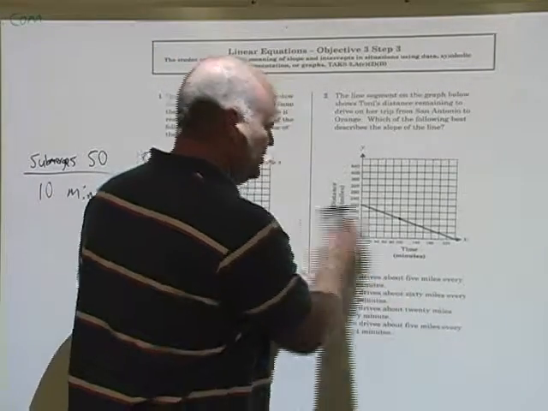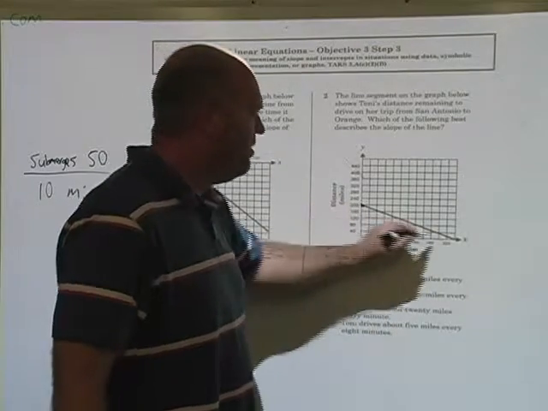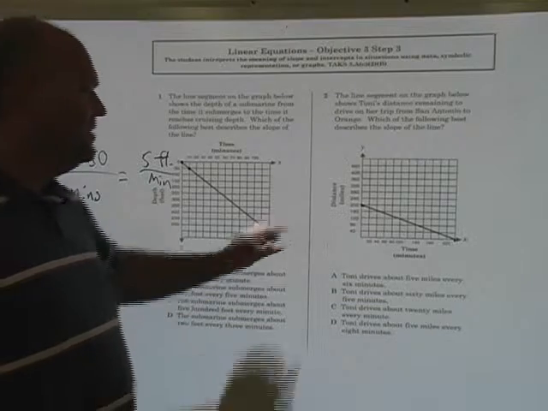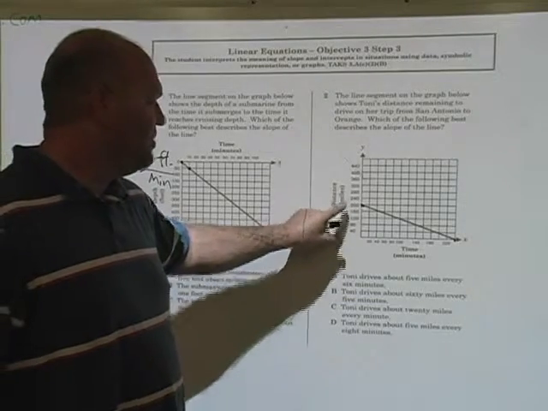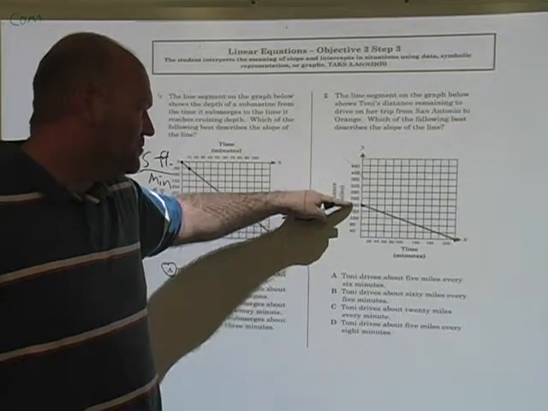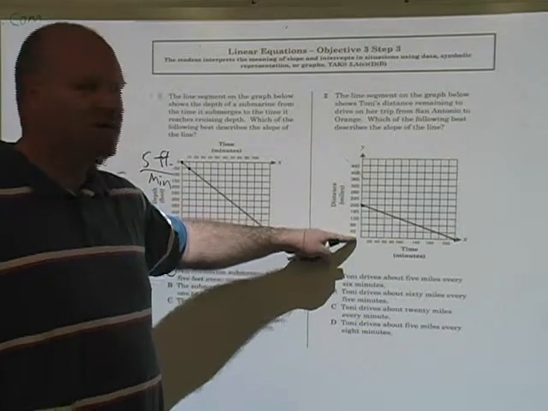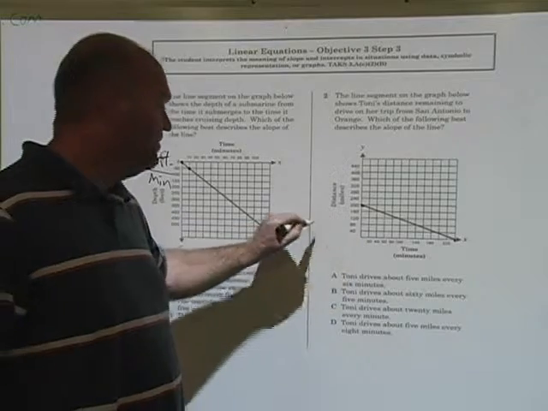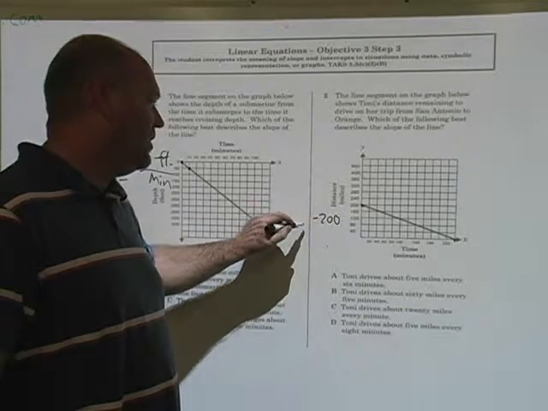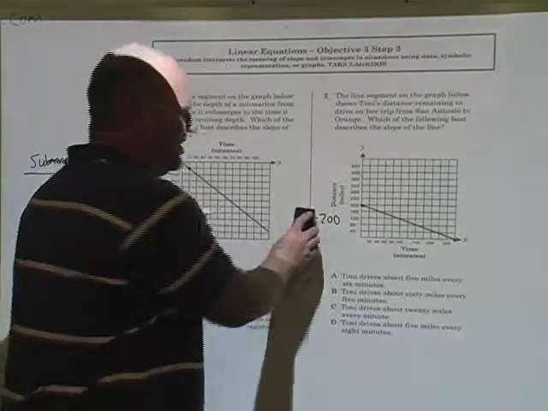If you're not sure, go ahead and go all the way down like that and look at the slope. From there to there, your rise is from 200 down to 0, which is negative 200. And we'll just call it positive 200.